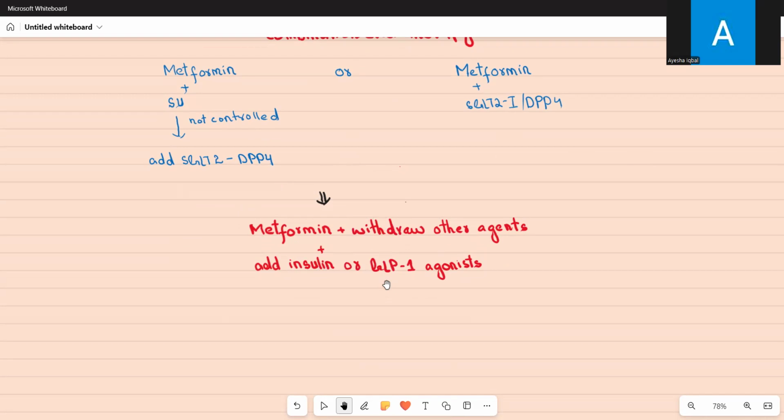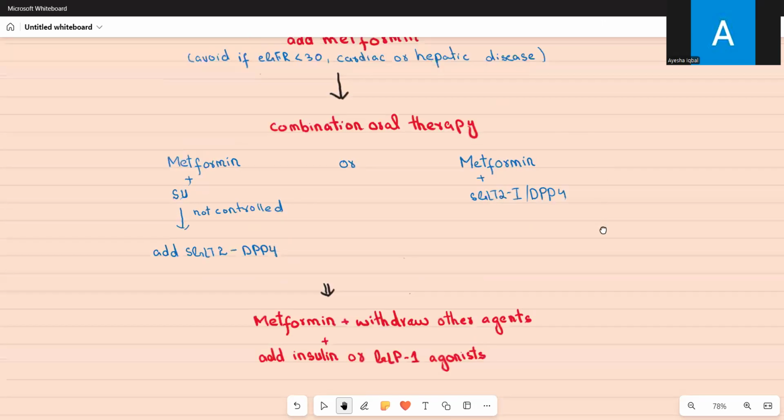GLP-1 agonists are exenatide and liraglutide. So with metformin, you withdraw all the other agents and add either insulin or a GLP-1 agonist. The last resort in type 2 diabetes mellitus is always insulin, whereas in type 1 diabetes mellitus, it's the first line treatment. So this was about the management of type 2 diabetes mellitus.